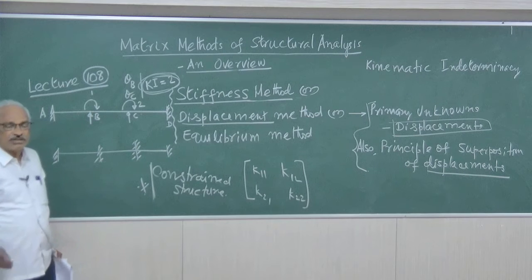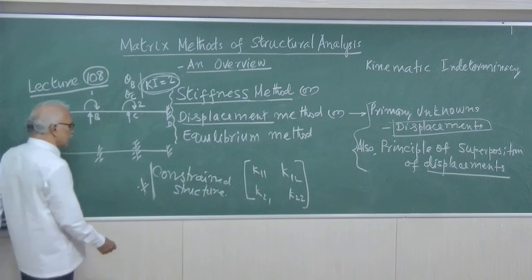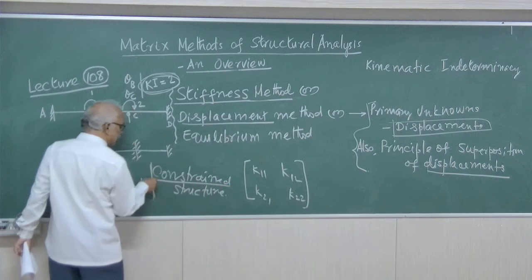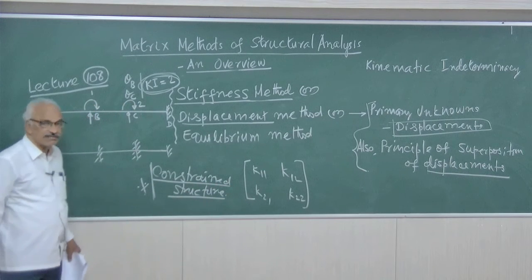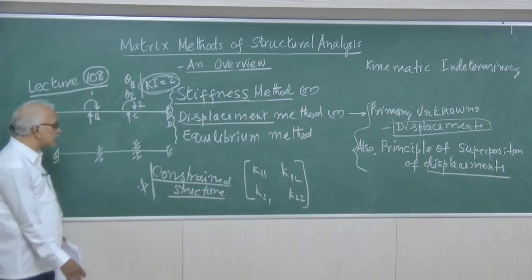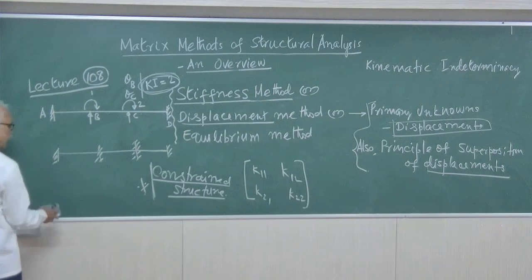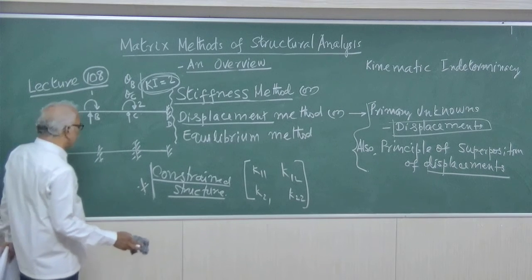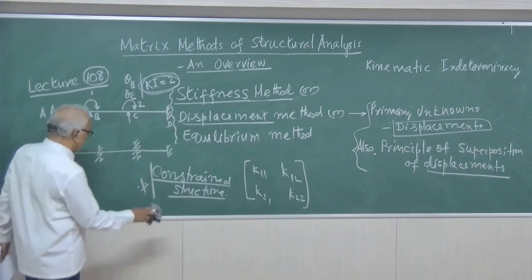Theta B, theta A, theta C, theta D, everything is 0. So this structure is called constrained structure or restrained structure. In the syllabus, this is given as a specific term in the matrix stiffness method. So a constrained structure is a kinematically determinate structure in which all possible displacements are arrested.